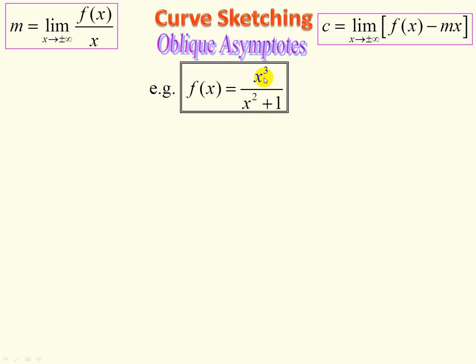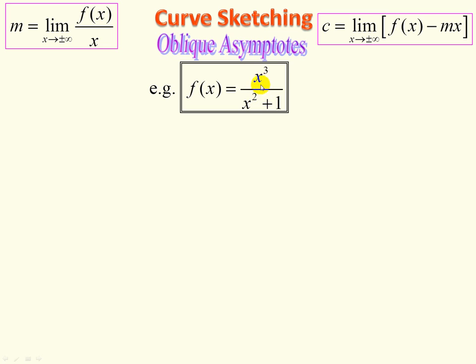Now, I know this has an oblique asymptote because it's polynomial over polynomial; we're not going to go into other mathematical functions and confuse the issue. The degree of the numerator exceeds the degree of the denominator, so there is an asymptote which is not vertical or horizontal.